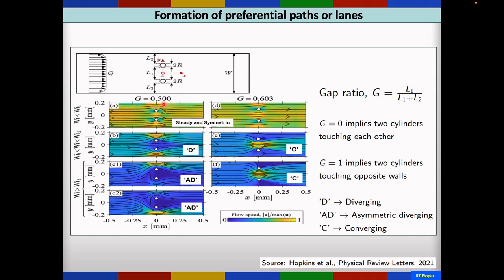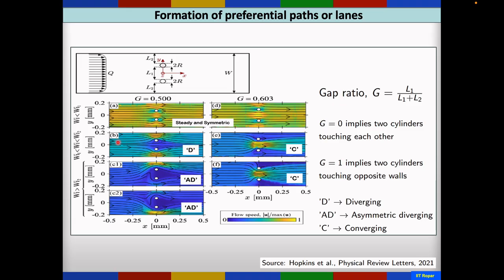Now when the gap ratio is 0.5, you can see that at very low flow strength, which is defined by this dimensionless number called the Weissenberg number, the fluid is passing through all the paths that are available. But as they gradually increase the flow strength, you can see that the fluid is passing through these two paths and completely avoiding this path, which is termed the diverging state or D state.